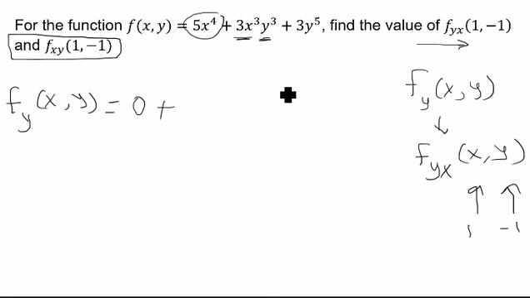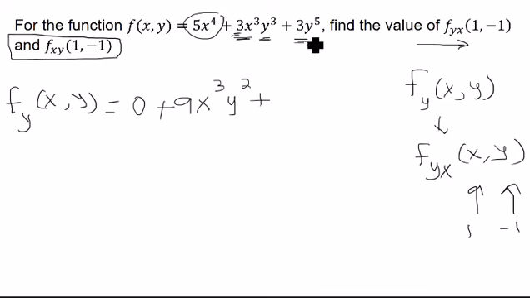Now I'm going to move one step ahead and already multiply 3 which is going to move out in front, and that's going to affect that 3 that is already sitting there. So those 3 multiplied together will give us a 9, and then x cubed is going to stay back and y is going to lose 1 power, so it's going to be y to the power 3 minus 1, which is y to the 2, plus the last term is a purely y dependent term, so we're just going to differentiate it in a regular way.